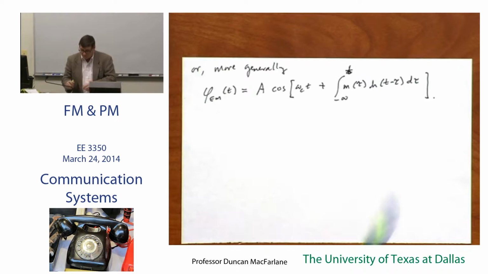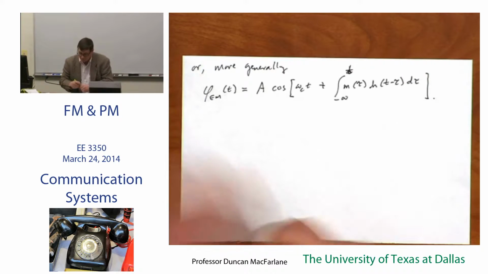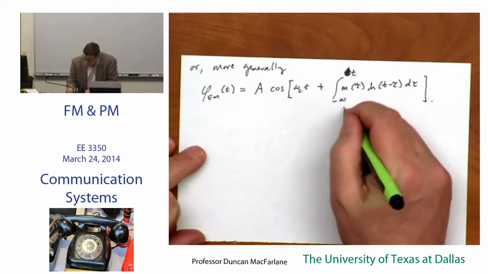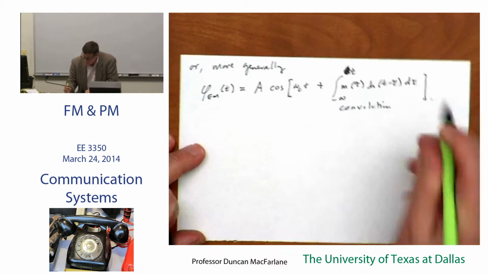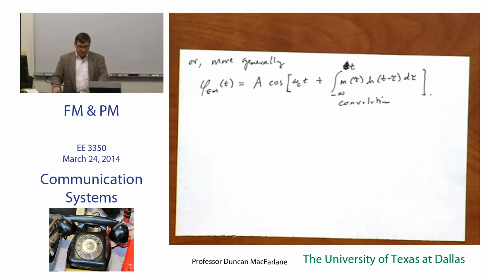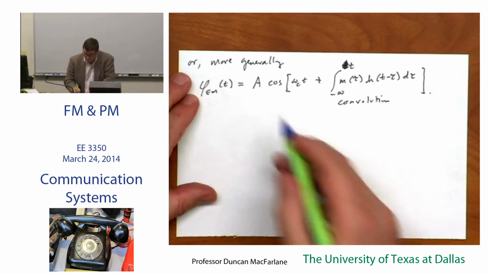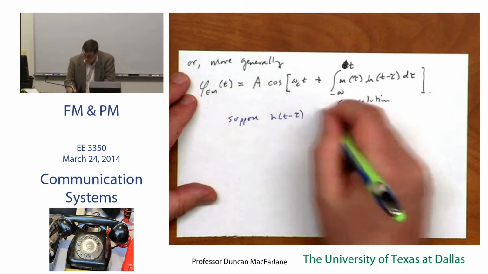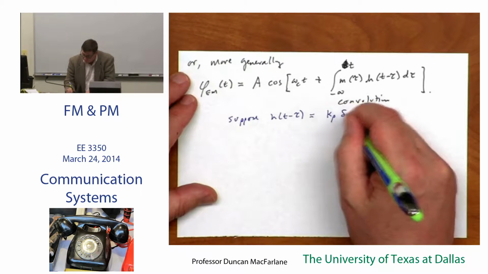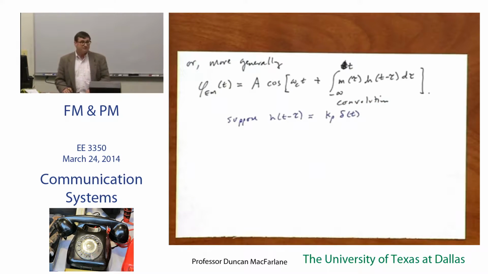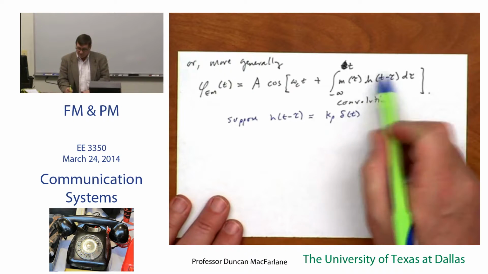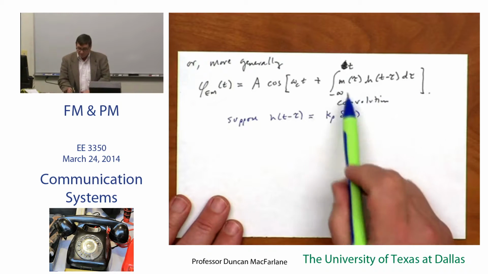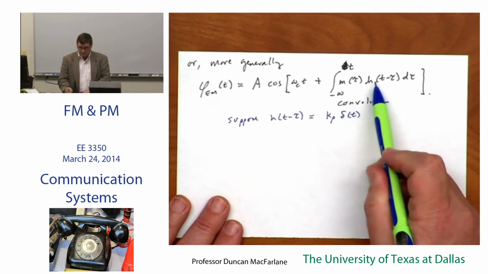And here's something that should make sure you can read this limit of integration. That's a t. So this is a convolution. So now supposing h of t minus tau was equal to Kp times a delta function. If I put that in there, then the Kp goes through the integral. It's a constant. And I'm left with m of tau, del of t minus tau.